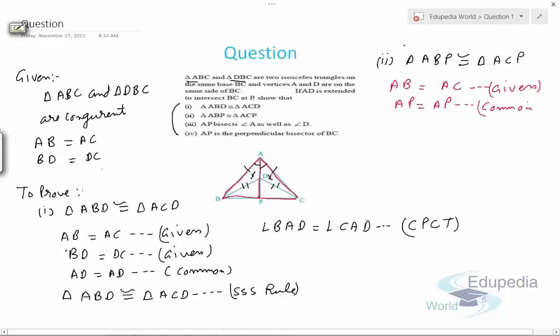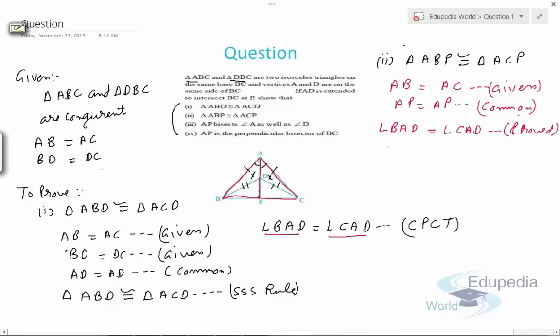Now for the third criterion, we have already said that angle BAD equals angle CAD by CPCT, which we proved above.